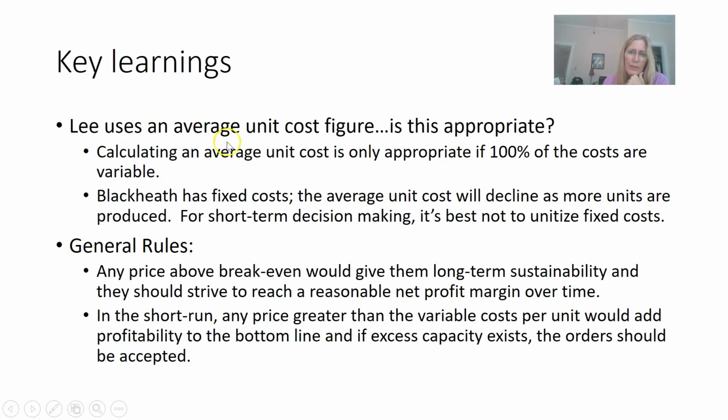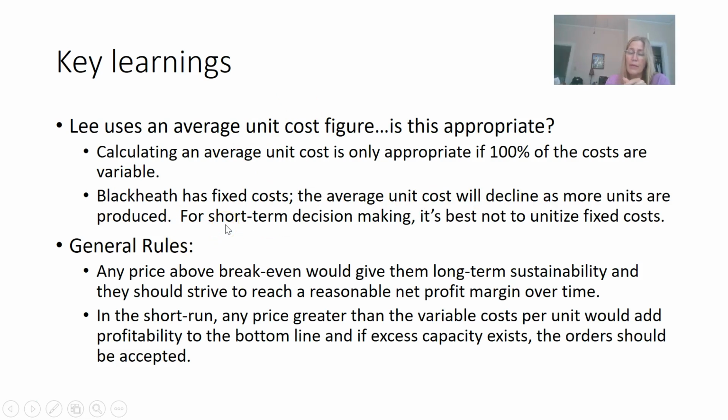So I talked to you about this already. Lee uses an average unit cost figure, and is it appropriate? The answer is that it's only appropriate if all of the costs are variable. In other words, if you've got any fixed costs per unit in there, be very careful. Red flag. They do have fixed costs, and the average cost will decline as more units are produced.